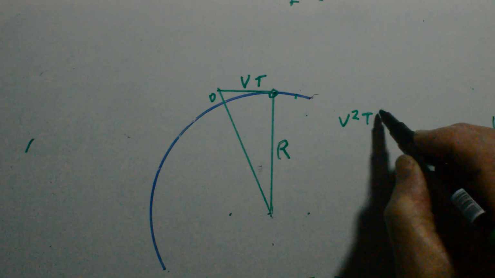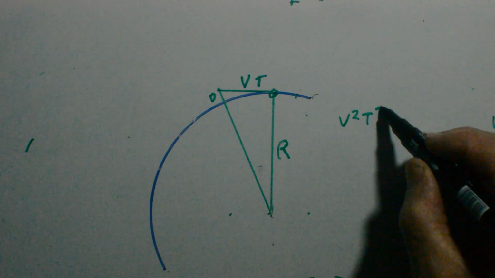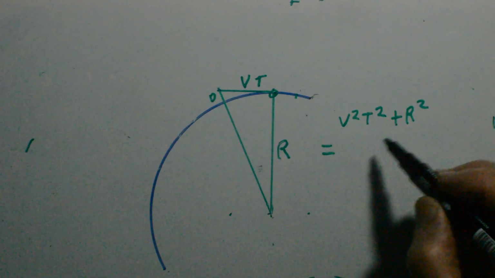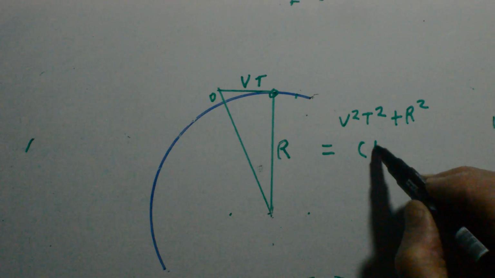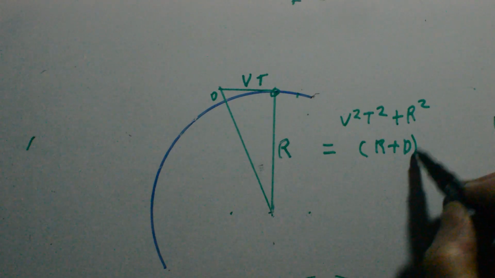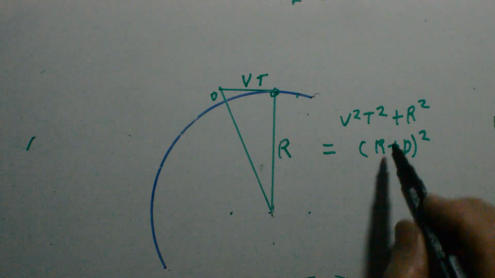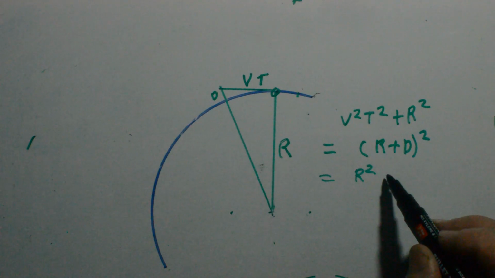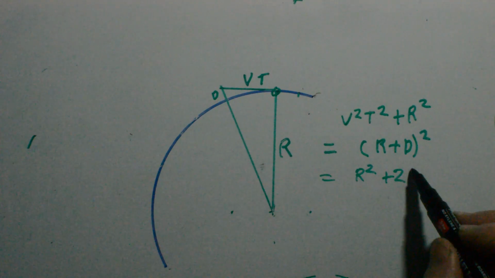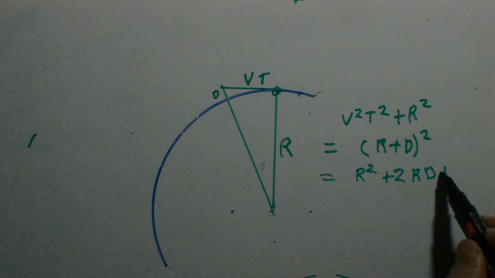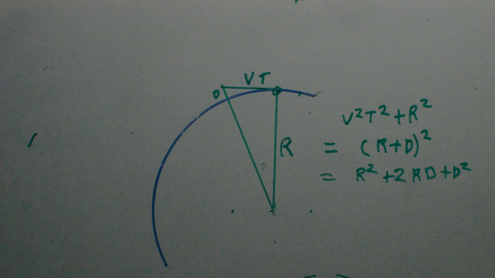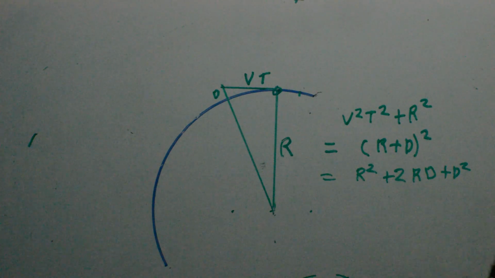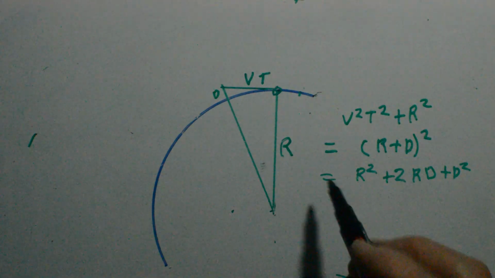So we'll just do the first little piece here, which is using the Pythagorean theorem. v squared t squared plus r squared equals r plus d squared. We'll expand that, equals r squared plus 2rd plus d squared. Okay, now we have an r squared on both sides of the equation.